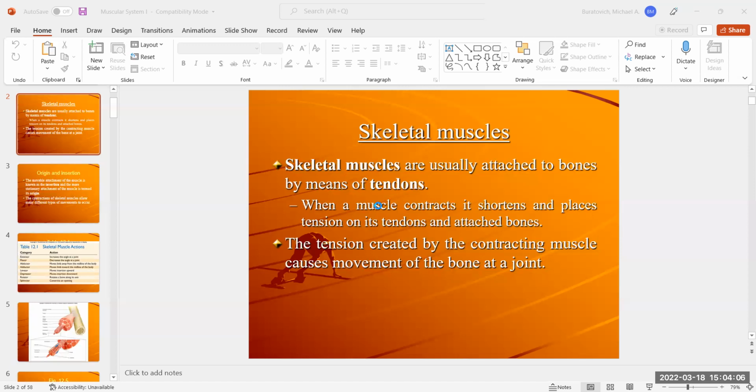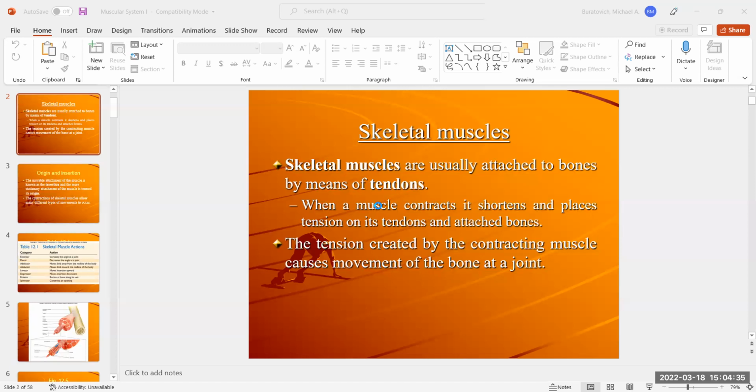Now there is a band that goes down the center of this. That is called the M band. M is a good name because M stands for mirror. When you think about this, if you cut the sarcomere in half, this side is a mirror image of that side.